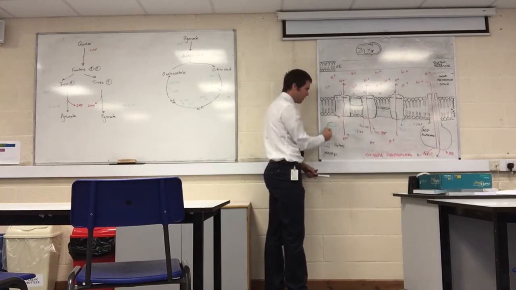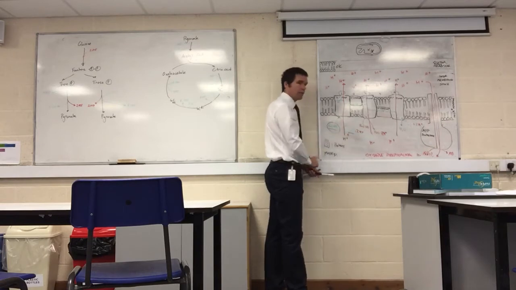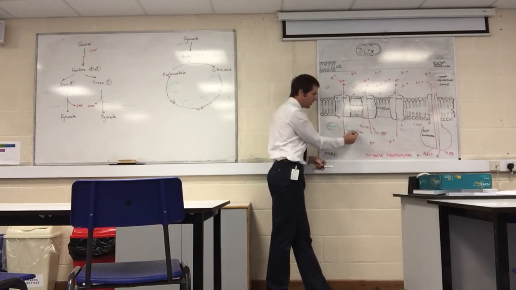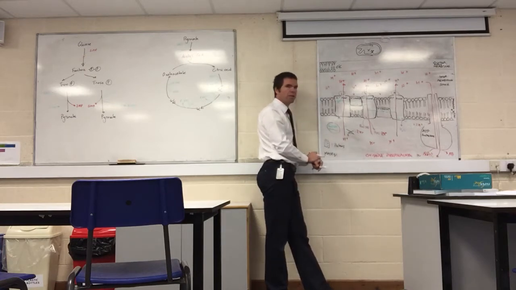If we get a queue of this generated, we then have a lack of NAD in its oxidized form. Because of a lack of oxygen, the electron transport chain can't function, and therefore we are not able to re-oxidize NAD, to get NAD back to its oxidized form, so we don't have any of that.